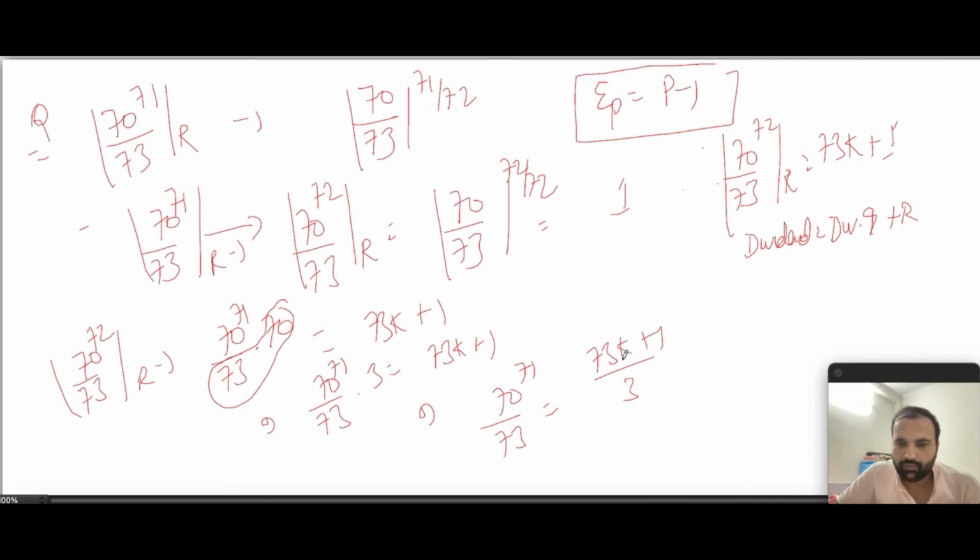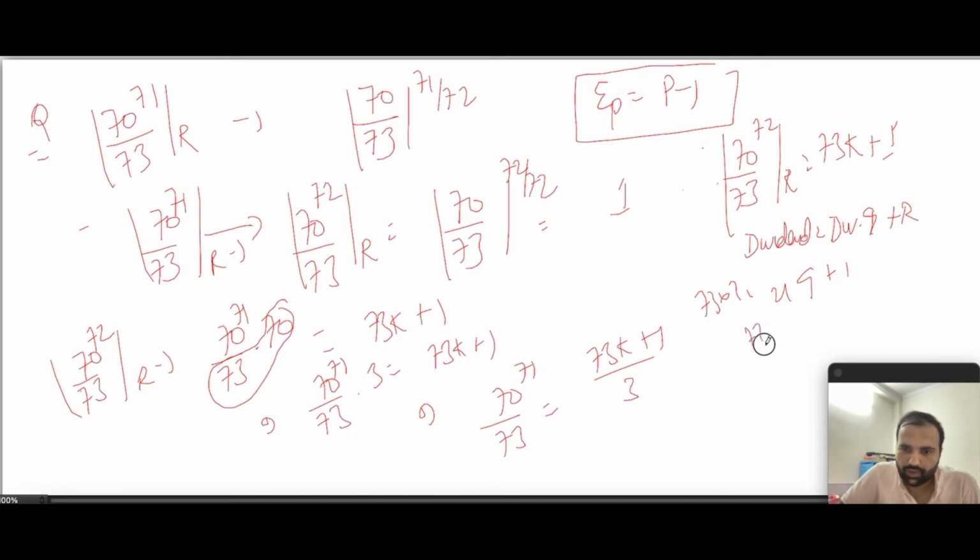So for what value of k would this equation be fully solved? We can check with 1, so it will be 74. For 2 we can check 47. For 3 we can check 220, which is not going to happen.